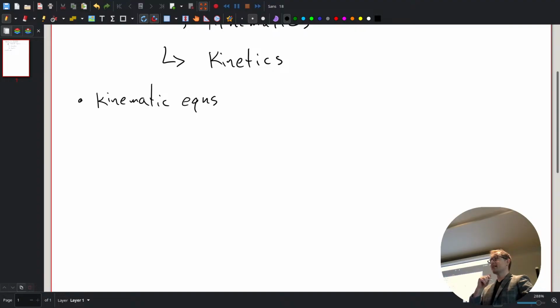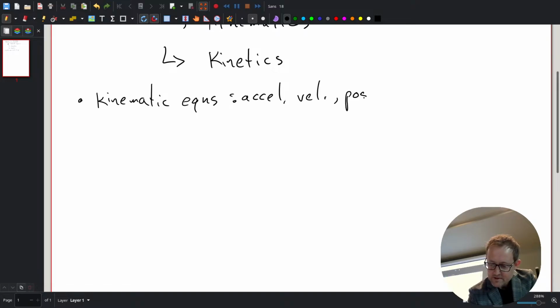Yeah. Acceleration, velocity, and position. Cool. What else came up? So it's more concerned with motion and the forces that cause it. So it's motion.